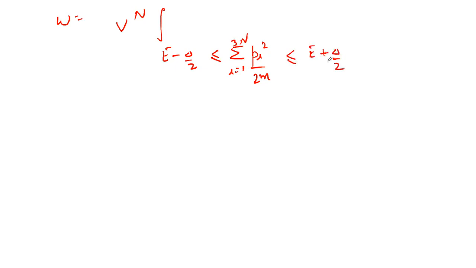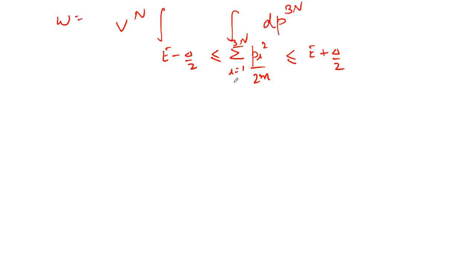So we can write it here clearly. Our equation becomes E minus delta by 2, and the total energy, which is equal to the sum of p_i squared over 2m, where i varies from 1 to 3N, lies within this limit, E plus delta by 2.